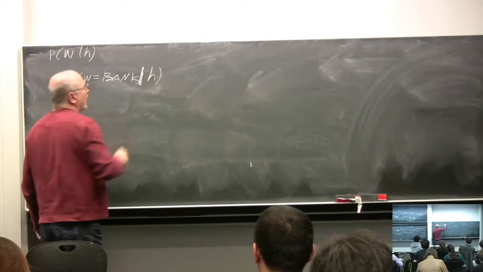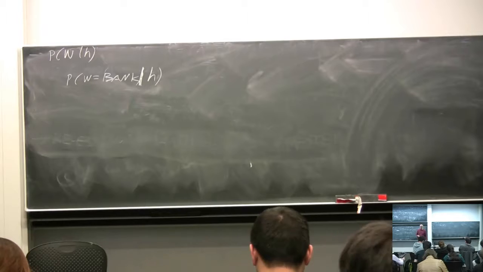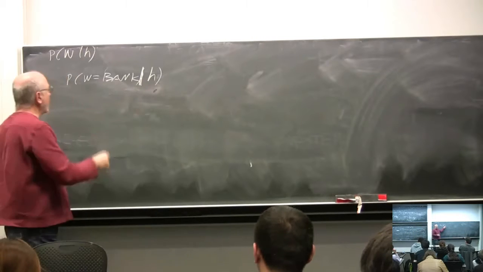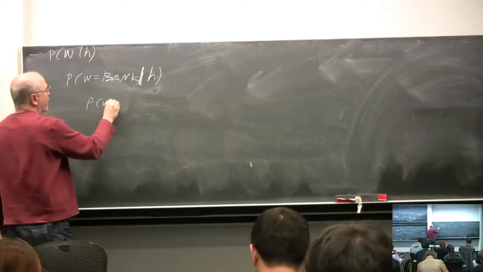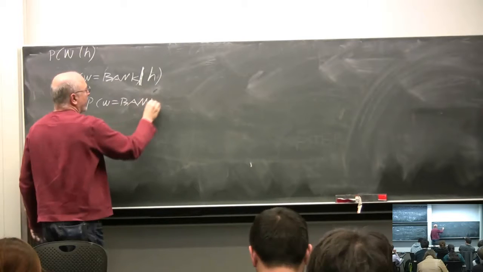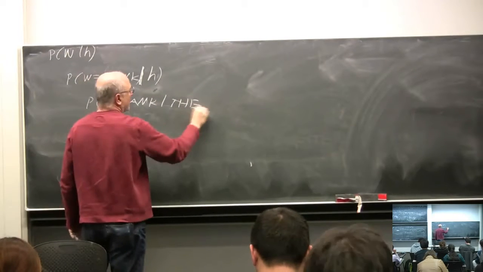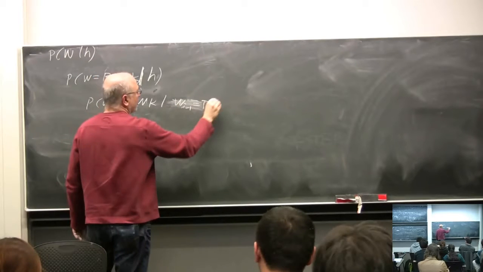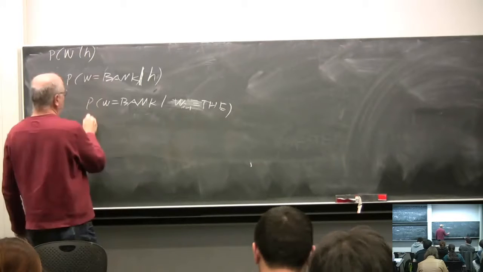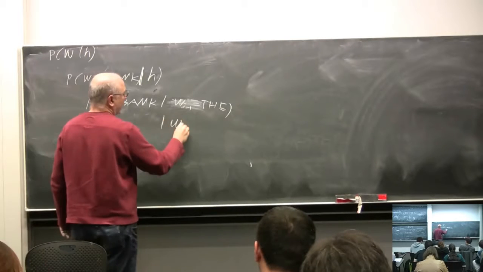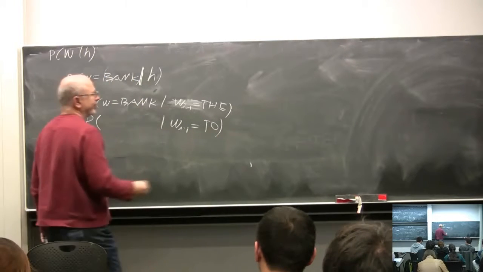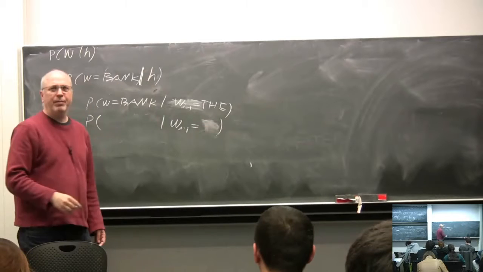conditioned on history. And I would like to consider two very different sources of information. One is what was the last word of the history. So I'd like to contrast the probability that the next word would be bank, knowing that the previous word was the, wi minus 1 was the, with the same thing if wi minus 1 was, no, not good, because you can say to bank.